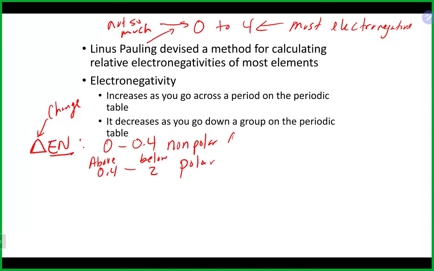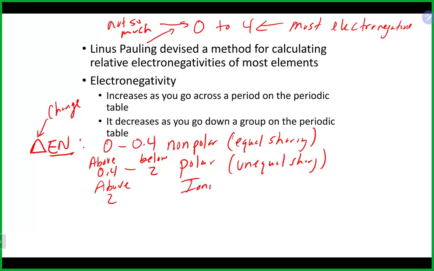So equal sharing, unequal sharing. And not in all cases, but typically above 2, there are some exceptions, you would have an ionic bond. No sharing, right?